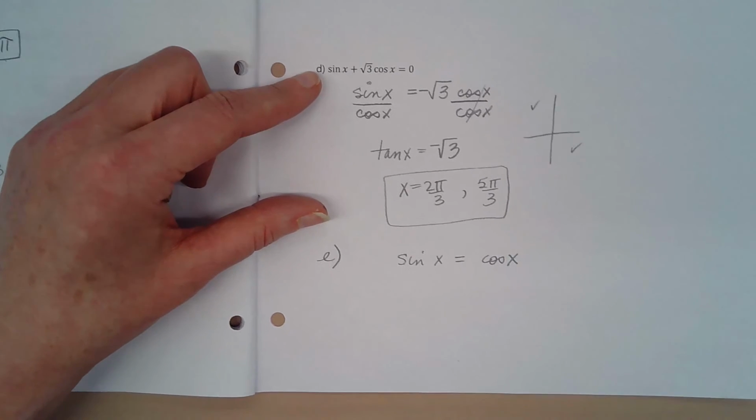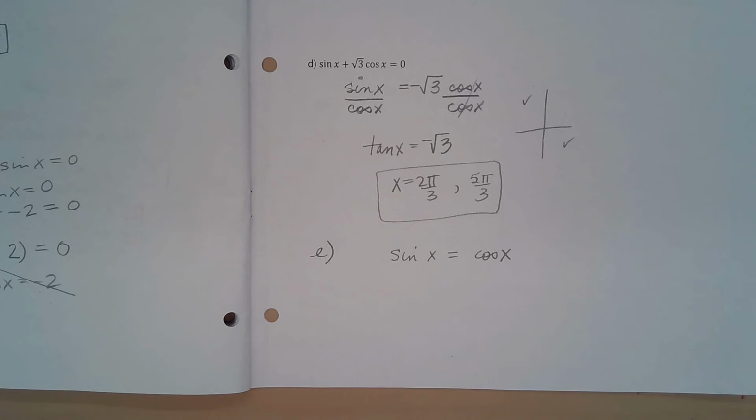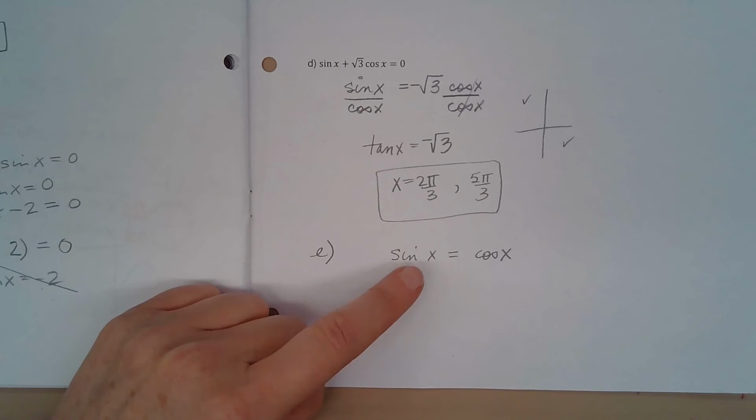Just look at it for a sec. You're solving for x. You're thinking, right? If I just said sine x equals cos x, you could do the same thing, divide by sines or divide by coses. But if you think of the unit circle, what does the statement say?